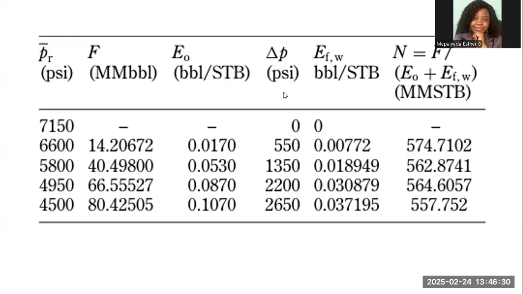So you have your ΔP, which is the 7150 initial reservoir pressure minus the subsequent pressures. So you have 550, 1350, 2200, and 2650. Then you have the estimate of your Efw from equation 3. And then you have your N equals F divided by Eo plus Efw. I hope you understand this.